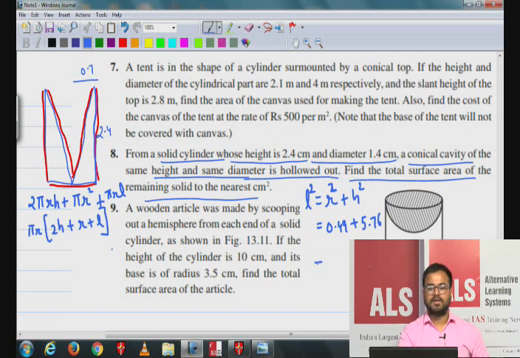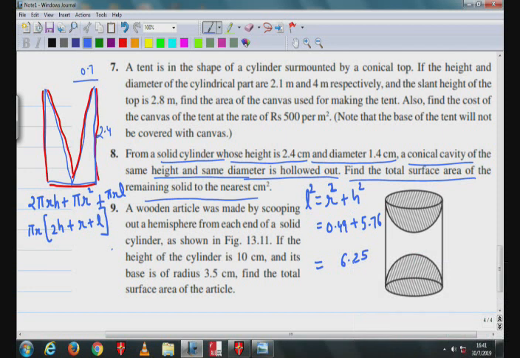Now we just have to add 0.49 and 5.76. It is 6.25, and 6.25 is the square of 2.5. So the slant height is 2.5.